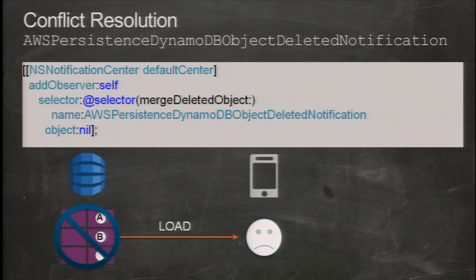But what we can do is register for a notification via the NSNotificationCenter inside of iOS for the AWSPersistenceDynamoDBObjectDeleted notification. And so when we register for this notification, it will be fired in this case. We can then call a selector to refresh the data or delete the object from our local store and avoid the error altogether.